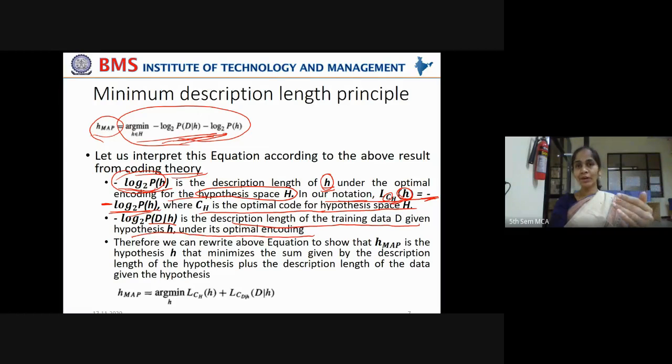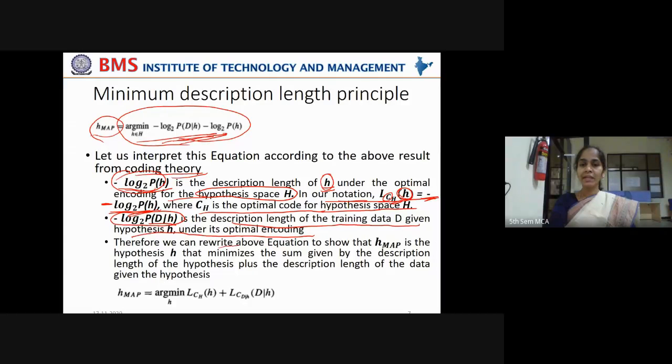Now, did you see, slowly you are transforming Bayes theorem into the maximum a posteriori hypothesis, and the maximum a posteriori hypothesis you are again transforming to the minimum description length context. So you have got the representation for P of H. Now you are representing P of D given H also.